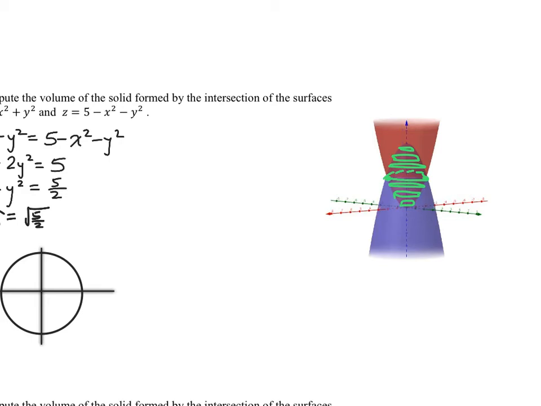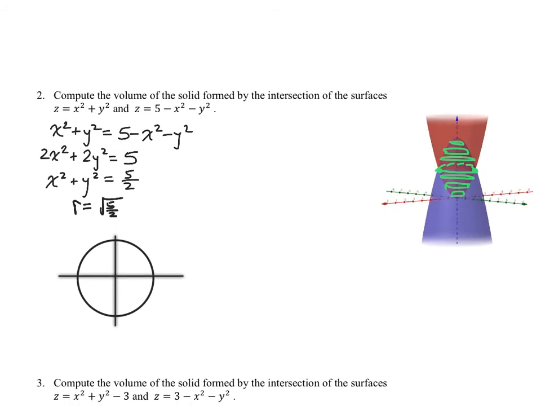And a circle goes from 0 to 2 pi radians. So we have our r and we have our theta.